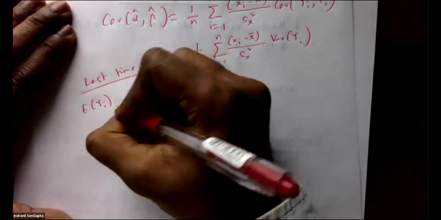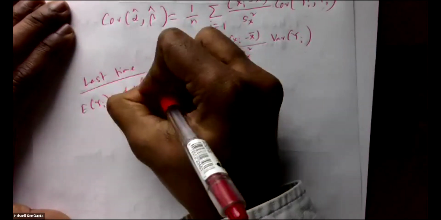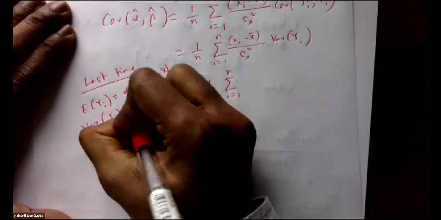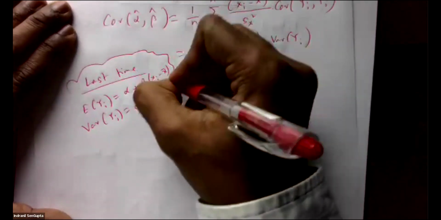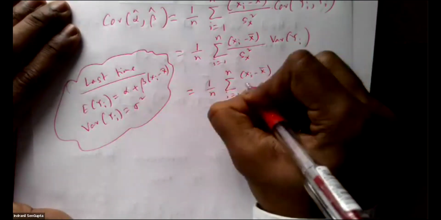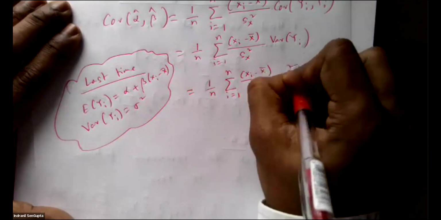So last time we saw that E of yi is alpha plus beta xi minus x bar, and variance of yi is sigma squared. Okay, so that's what we use here. So it's xi minus x bar over Sx squared times sigma squared. And that's pretty much it.